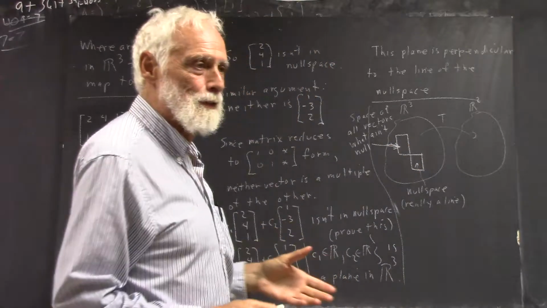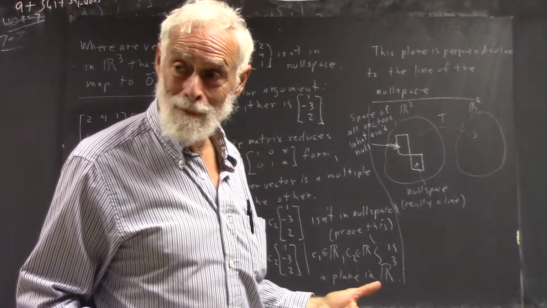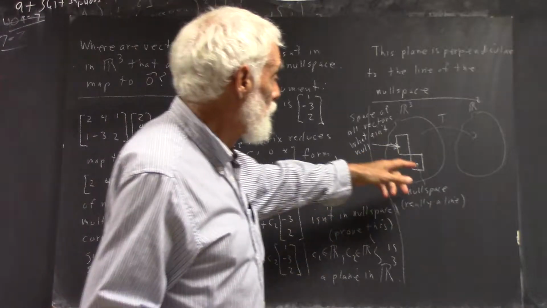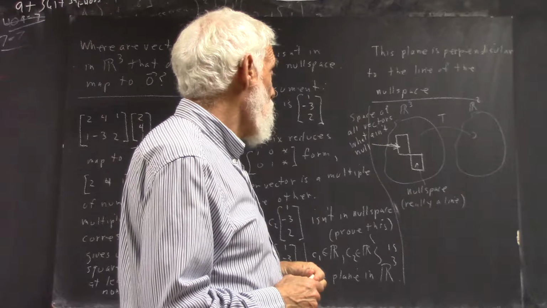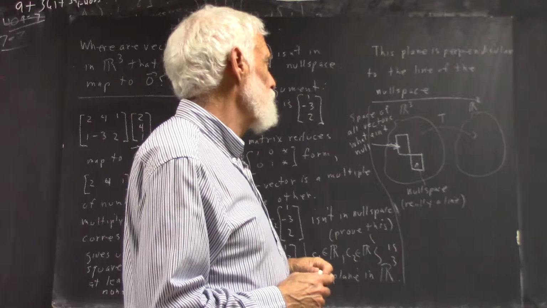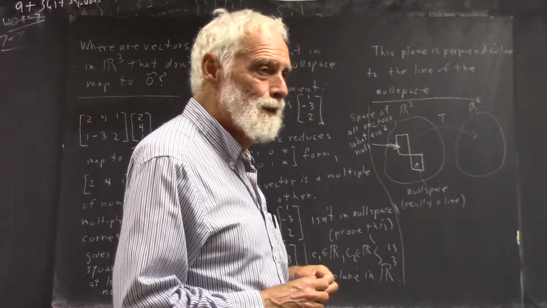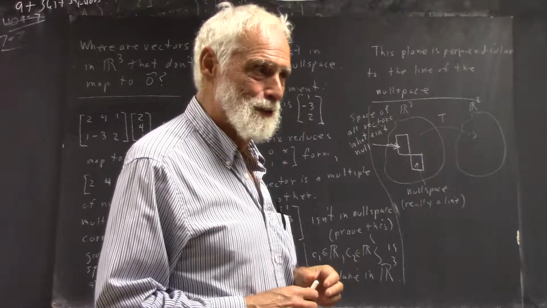That means all the vectors that don't go to 0, right? And there's no overlap, except that a space of vectors always has to include the 0 vector, which does go to 0.